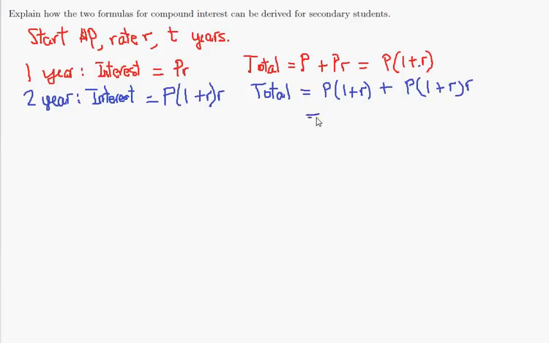And so this simplifies. I can factor out the P times 1 plus R, and what's left will be 1 from the first term and R from the second term, which gives P times 1 plus R squared. And by now, hopefully students can probably guess what happens at T years.